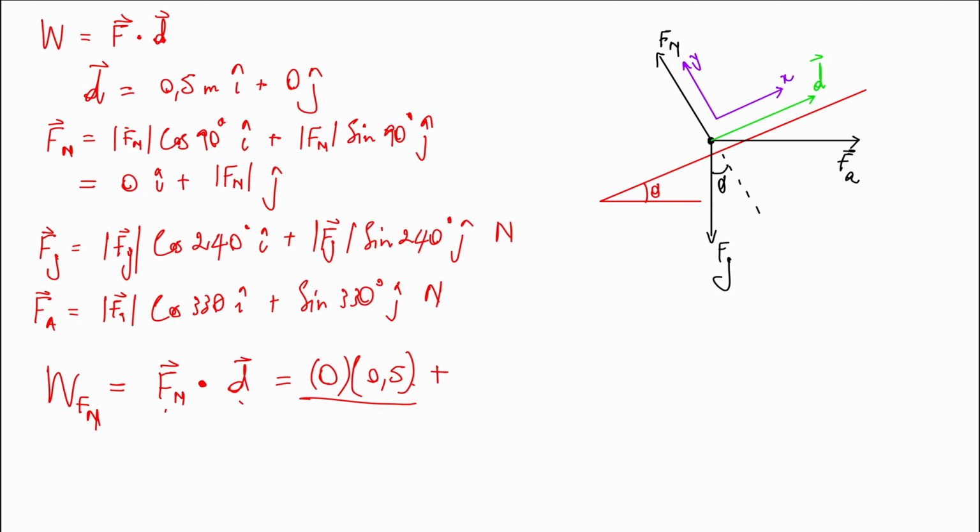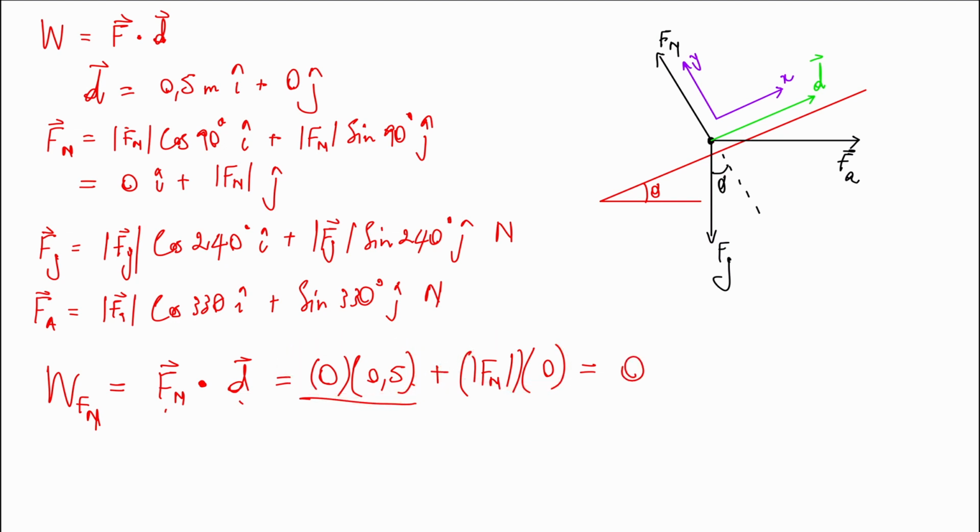Let's go to the y component. We need to multiply the y component of f with the y component of d. What is the y component of f? Well, it's the magnitude of fn. But what is the y component of d? That's 0. So we're going to end up with the magnitude of fn times 0, which tells us that the work done by the normal force is going to be this thing here, which is 0, plus this thing, which is also 0.